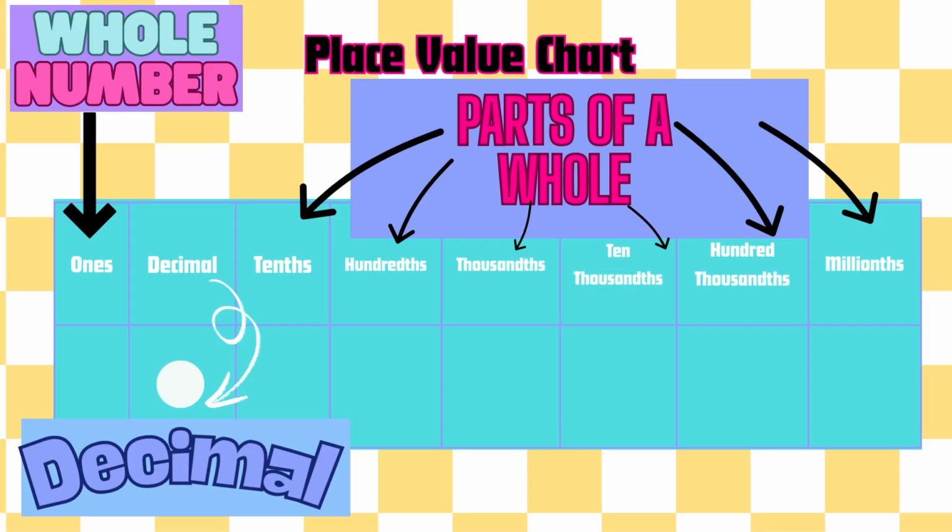It's important to remember that the ones place represents whole numbers, while everything after the decimal point represents parts of a whole. The tenths, hundredths, thousandths, 10,000ths, 100,000ths, and millionths are all fractional parts.